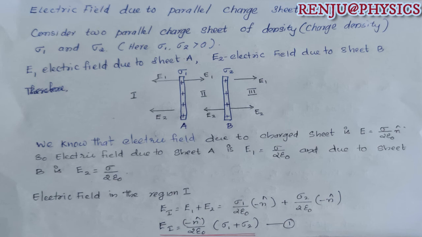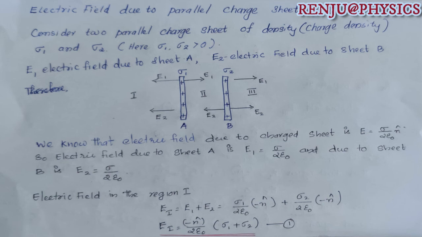The electric field in region 1, by using the superposition principle, we can write E total is equal to E1 plus E2. We know that E1 is sigma 1 by 2 epsilon 0 minus n cap. Why the minus n cap?